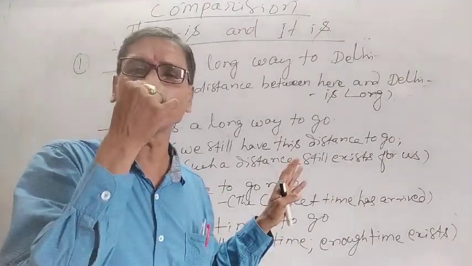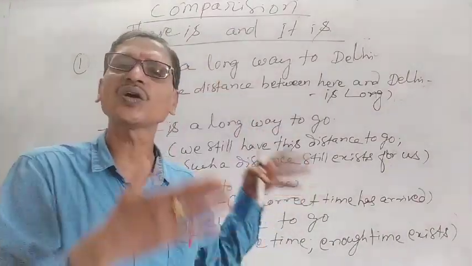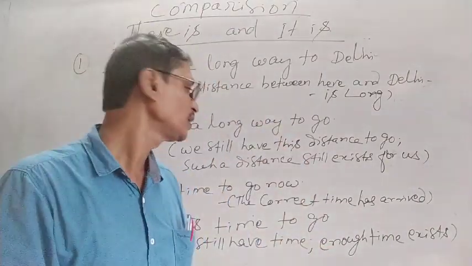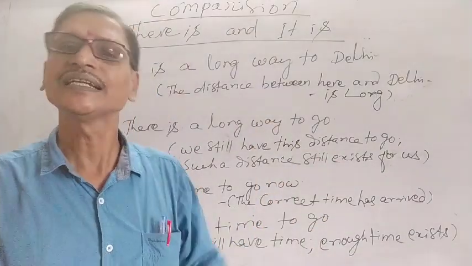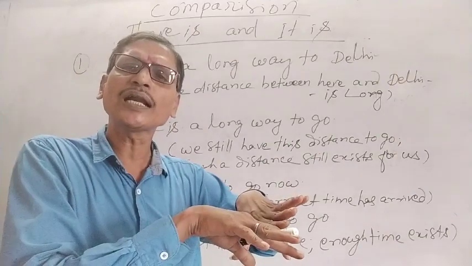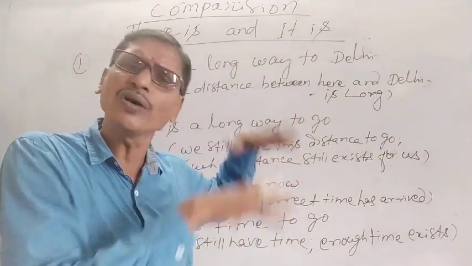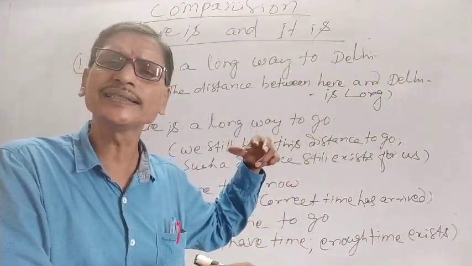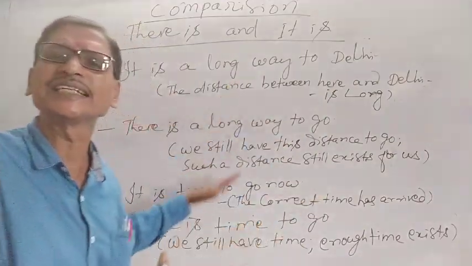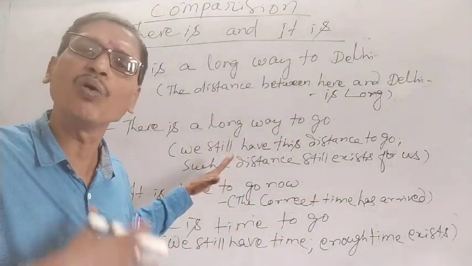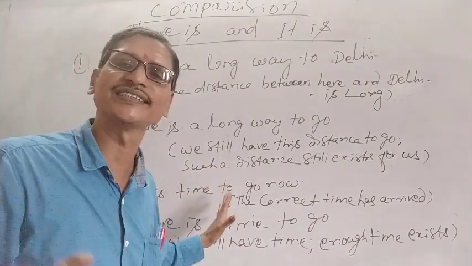Also we use "it" to express a phrase or a clause. We understood "there" means presence or existence. Now we are comparing between them more clearly. Let us understand them again from these examples to have a clear understanding.